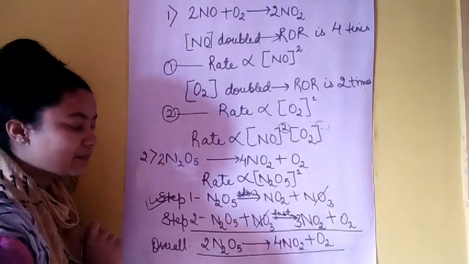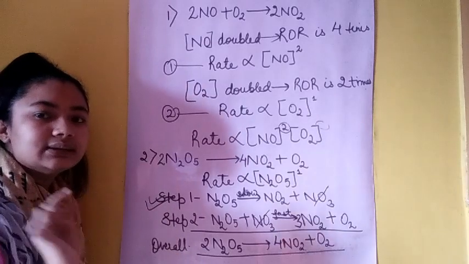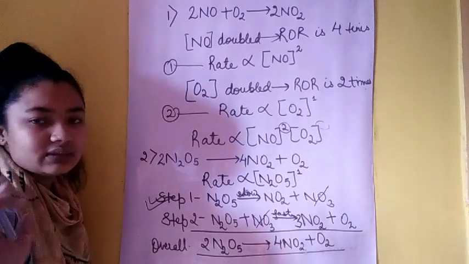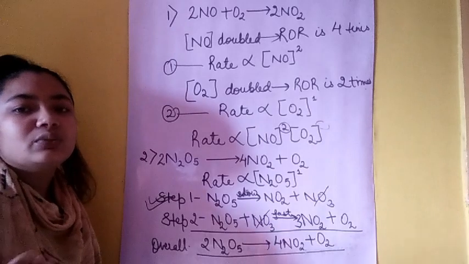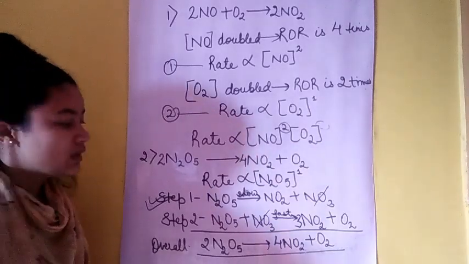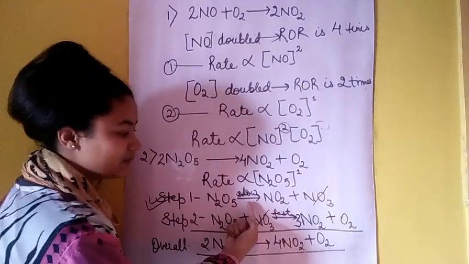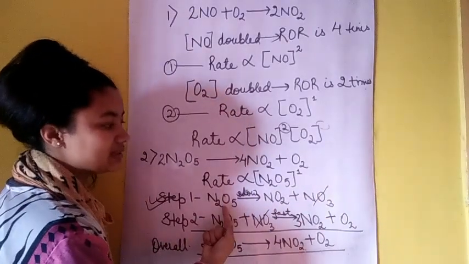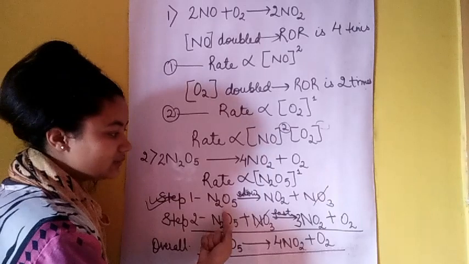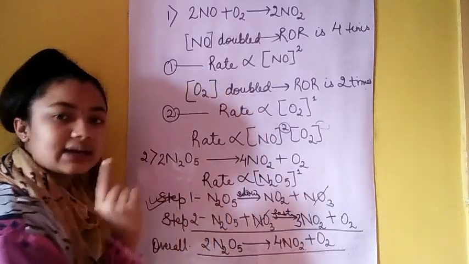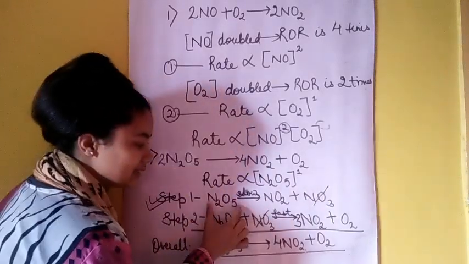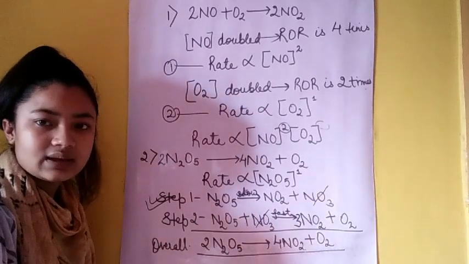Okay, now what is happening, that always the rate determining step is the slow step. That means we can observe that how many molecules are taking part in a reaction. So slowest step is only the first step, and in the first step only one molecule is taking part in the reaction. That means the rate of reaction is directly proportional only this molecule, right?